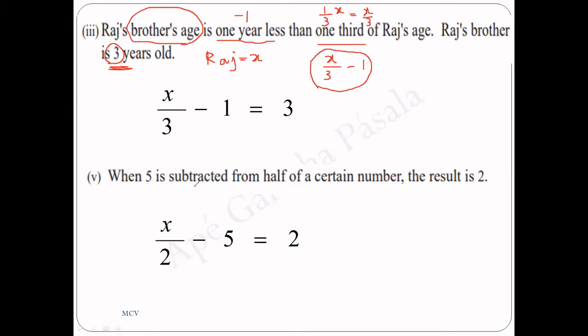Next one. When 5 is subtracted from half of a certain number, the result is 2. When 5 is subtracted means subtraction, minus 5. Half of a certain number.